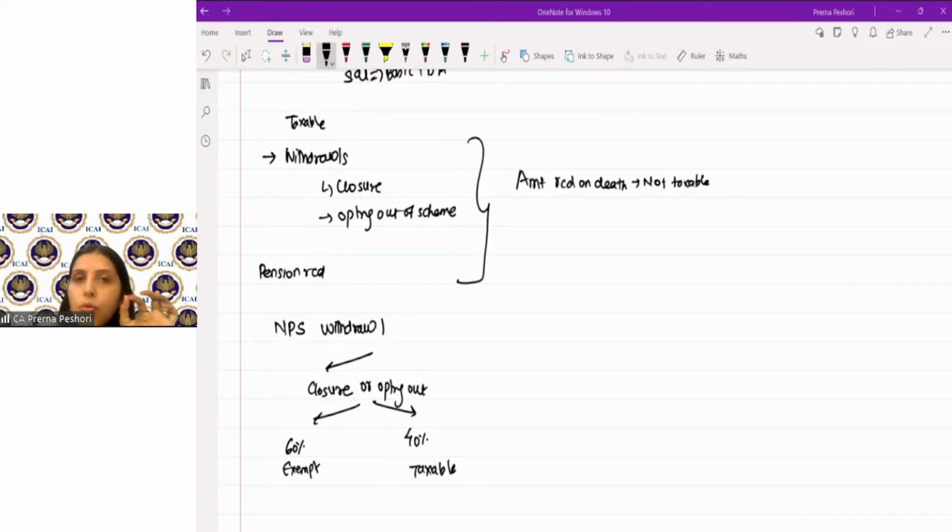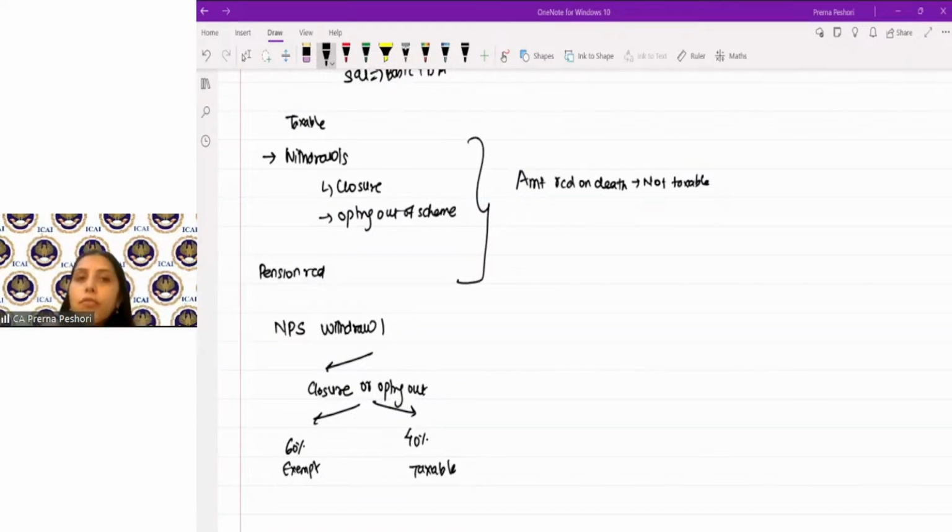So any amount which is received on the closure of the account or on the opting out of the scheme, except if it is a case of death, is taxable for the pension fund. And if it is receipt of the pension, that is also taxable, except on death.